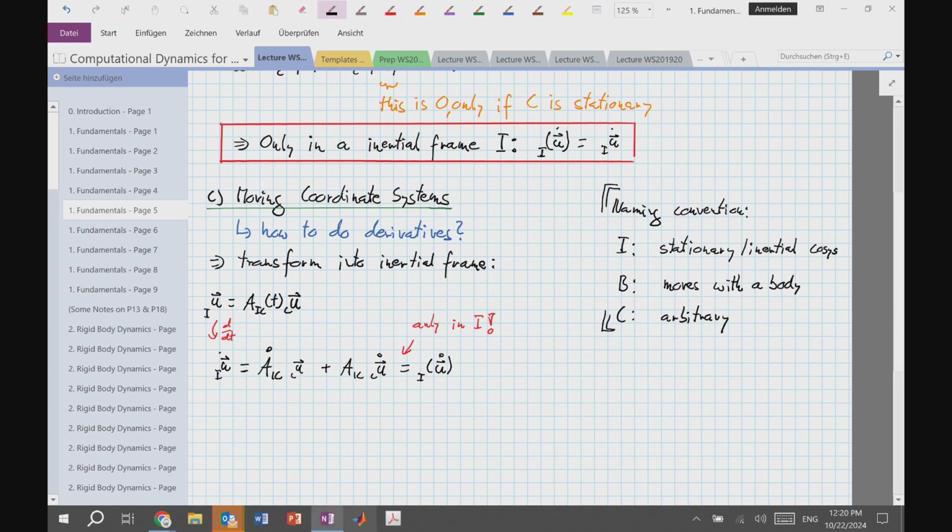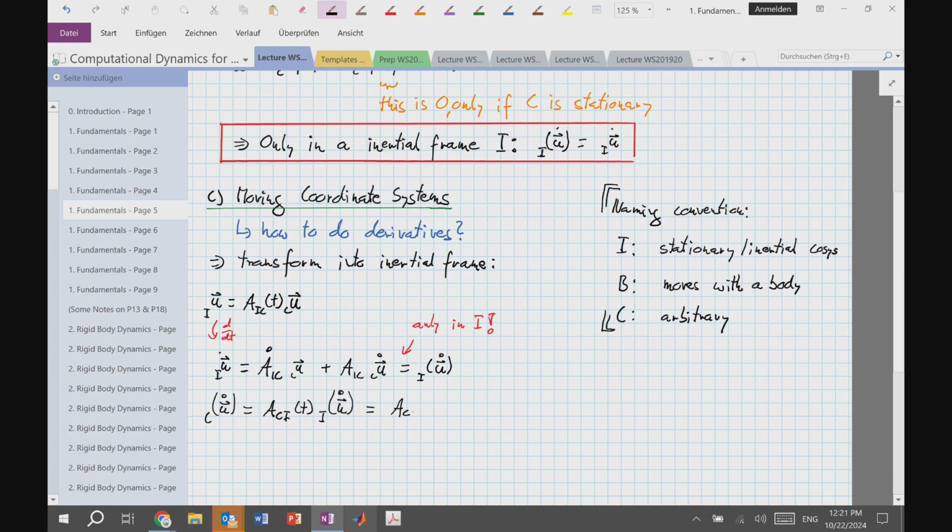And then I can go backwards, because what I want to know is what are the coordinates of the physical derivative of this vector u in the C coordinate system, where I started. That's what I want to know. So I have to now do the back transformation. So I just apply ACI, still a function of t, to this original vector, which we computed in I coordinates.